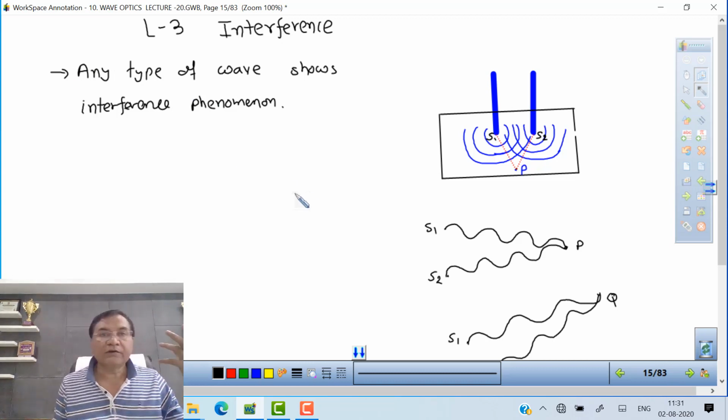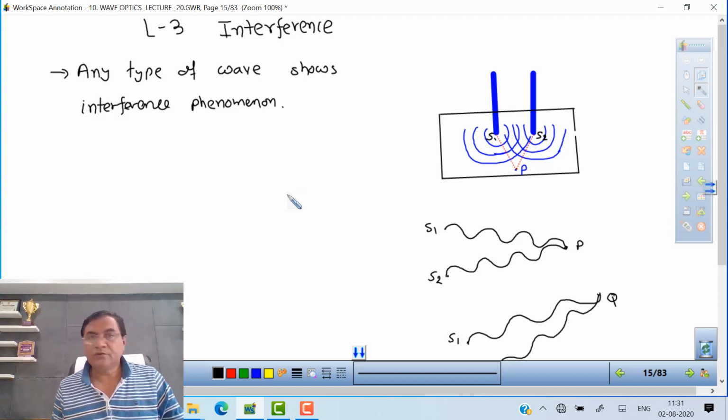If you take light as a wave, then we can explain interference. If it is a ray, you cannot explain interference. Okay?